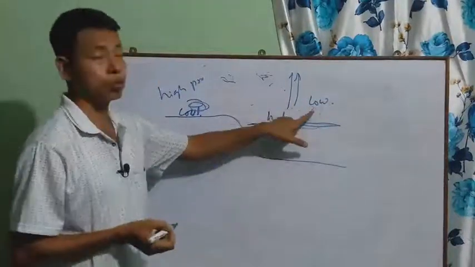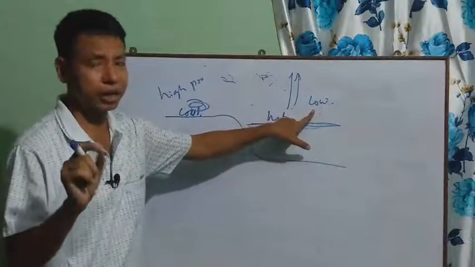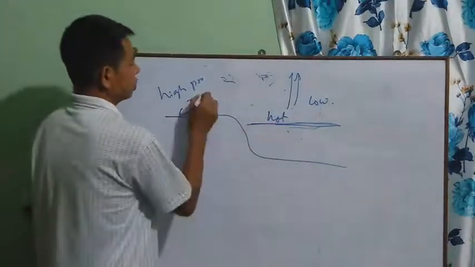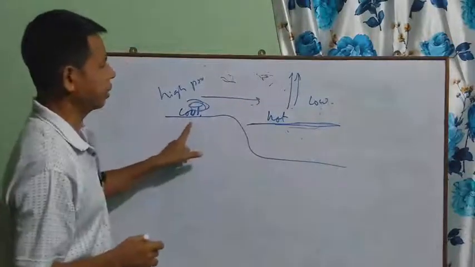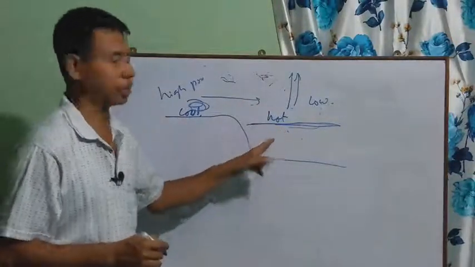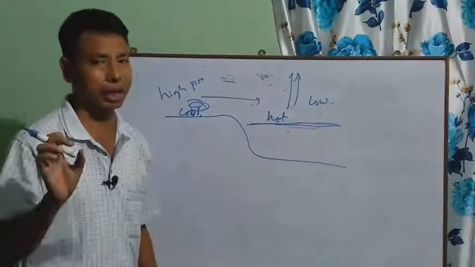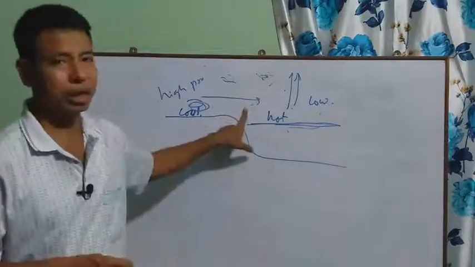Low pressure will be where the air particles get heated. So the air starts blowing from the land area to the water area, that is from land to sea during night time, and this one we call land breeze.